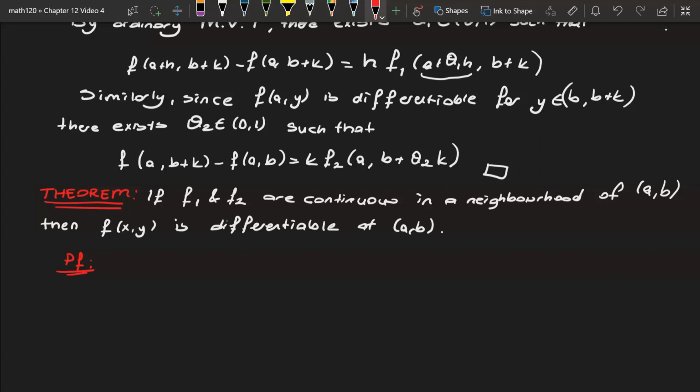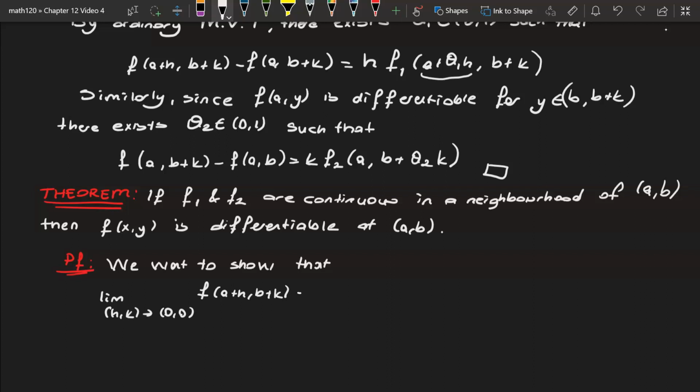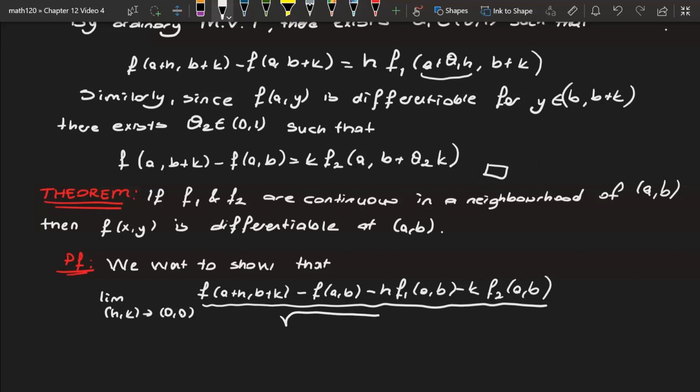We want to show that as hk goes to 0, 0, f of a plus h, b plus k, minus f of AB minus h times f1 AB minus k times f2 AB over square root of h square plus k square is 0 under the assumption that f1, f2 are continuous in a neighborhood of AB.